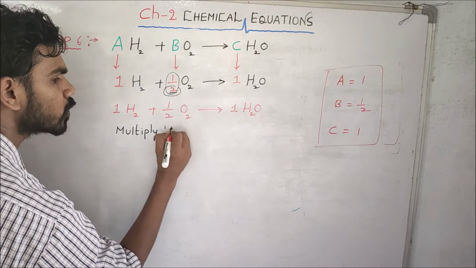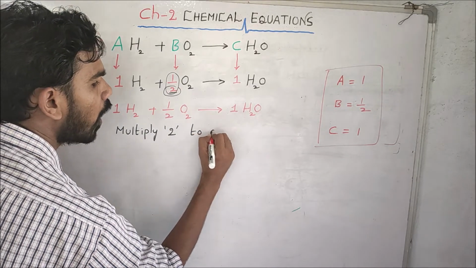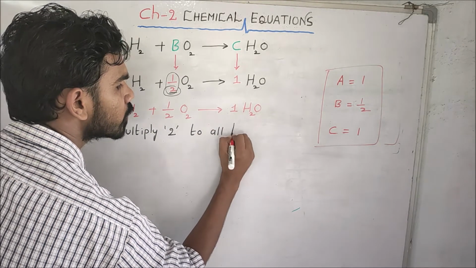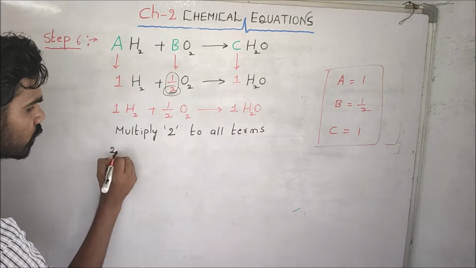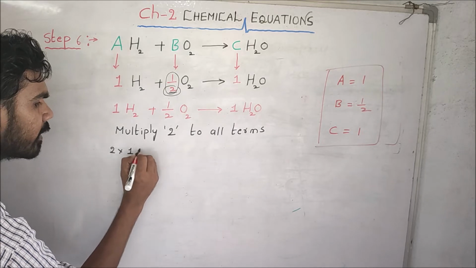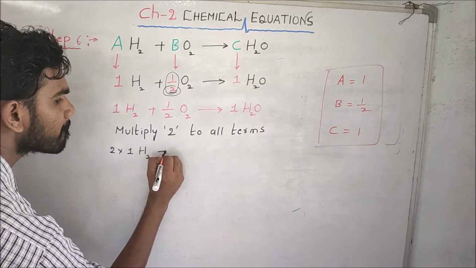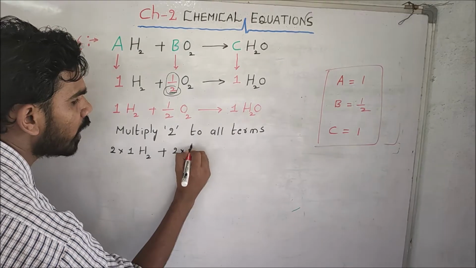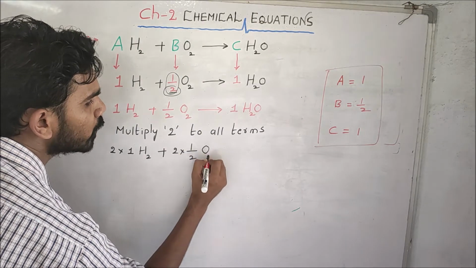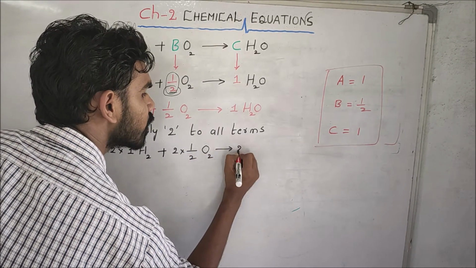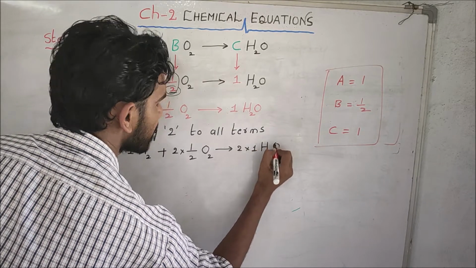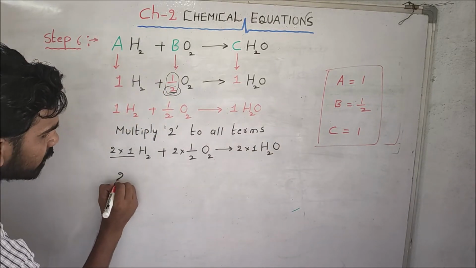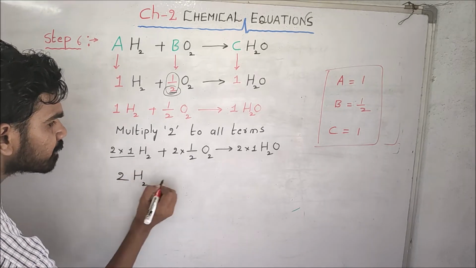Multiply 2 to all terms. Now 2 into 1 H2, 2 into half O2, 2 into 1 H2O. 2 ones are 2 H2.